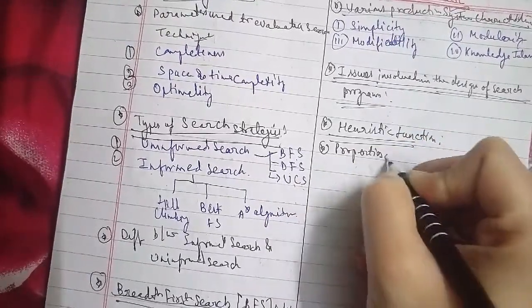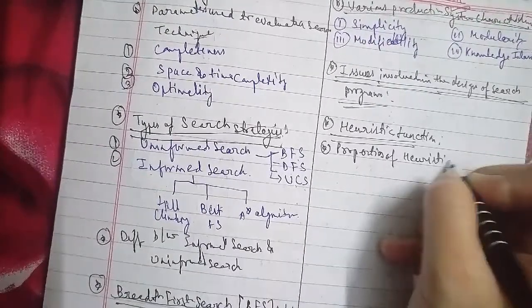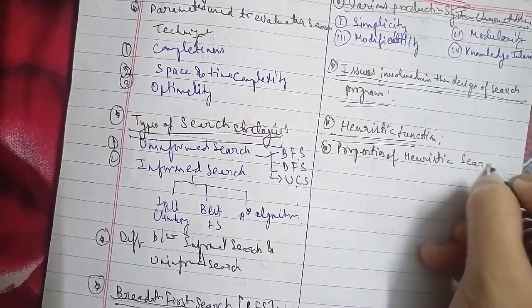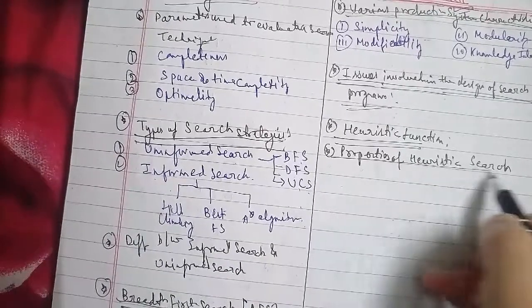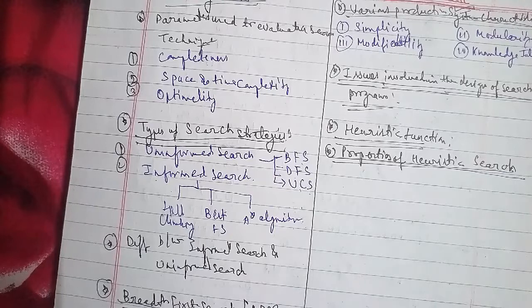The second we have is the completeness condition. In the completeness condition, the algorithm A is complete if it always terminates with a solution. The third we have is the dominance property.